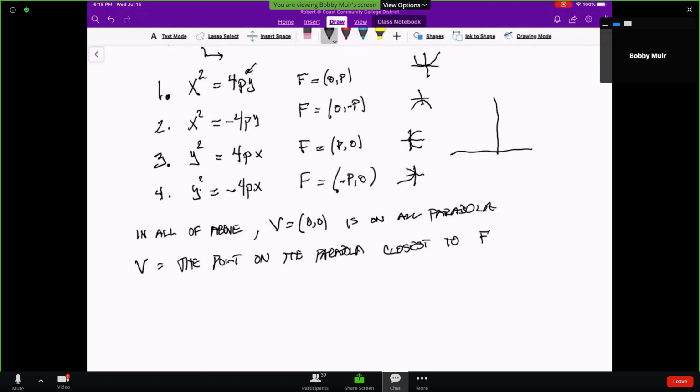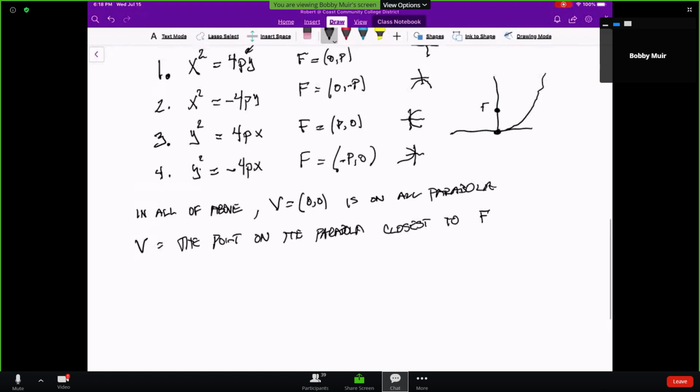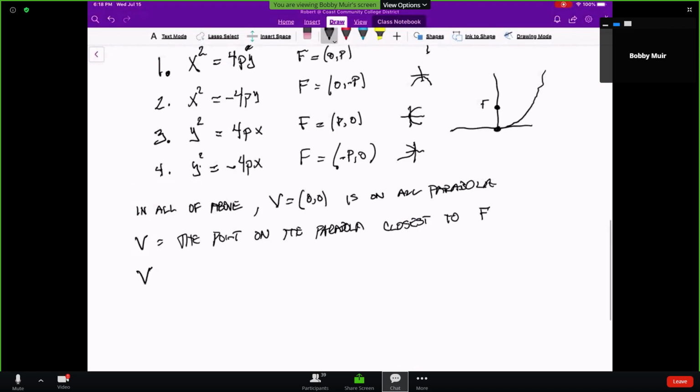So as you see here, if that's where the focus is, when you start moving away from it, the distance is going to become greater and greater. Okay. All right. So V is called the vertex.